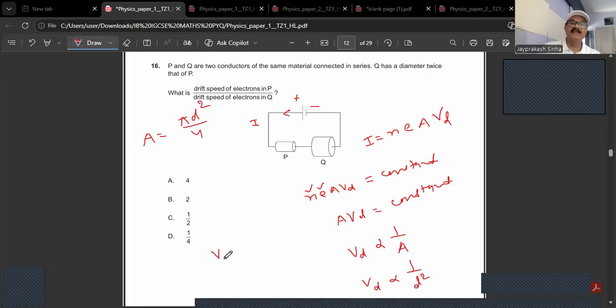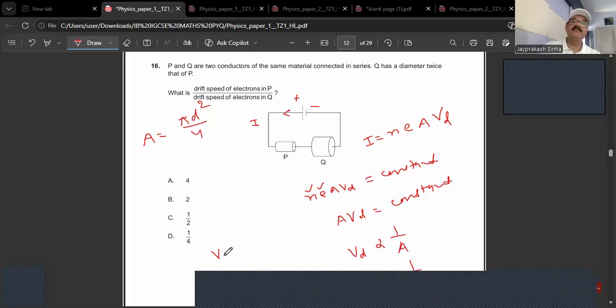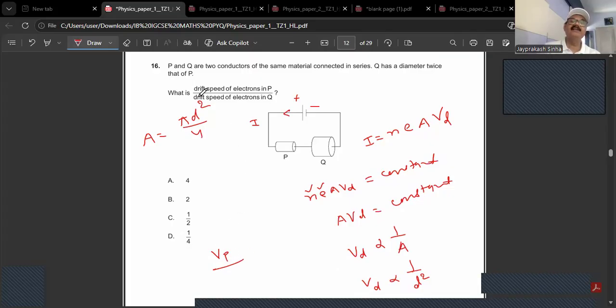So if I am writing v_P for the drift speed of electrons in P conductor, and v_Q for the drift speed of electrons in Q, we can write it as d_Q square upon d_P square.